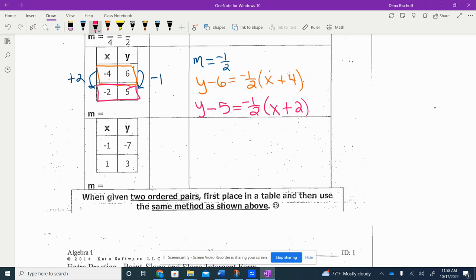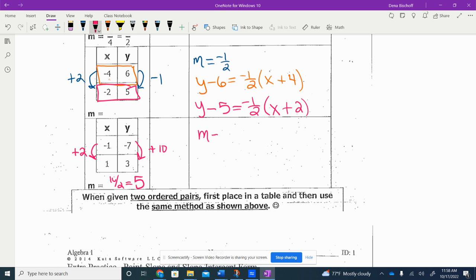Okay. Let's talk about the slope on this last example. To go from -7 to +3, I added 10. To go from -1 to +1, I added 2, so 10 over 2 reduces to 5. So that's my slope.